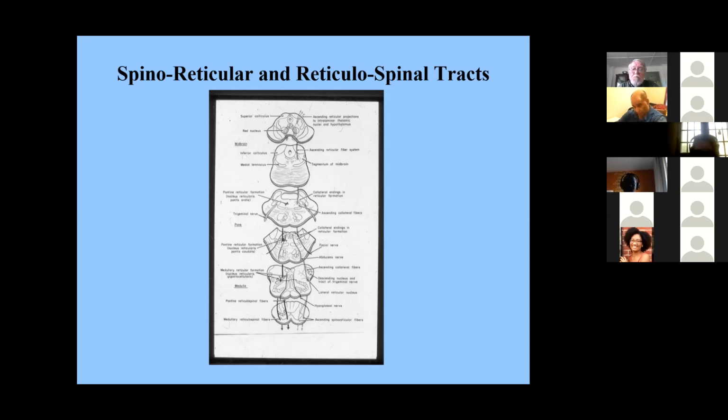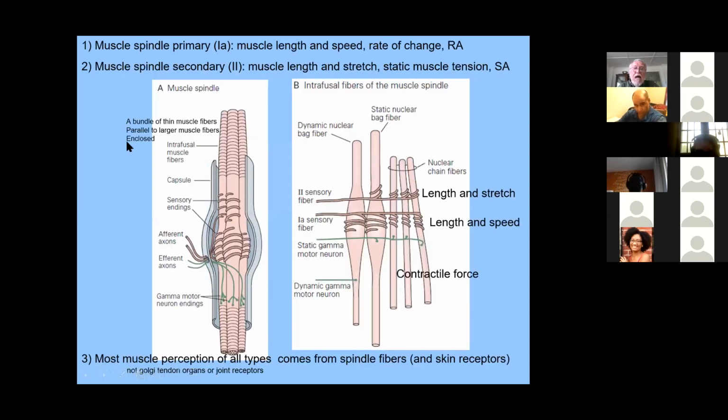So now let's look at this. And here what we have is, again, on the sensory side, you can see these interoceptive and proprioceptive mechanisms of muscle spindle fibers, which are sensory.